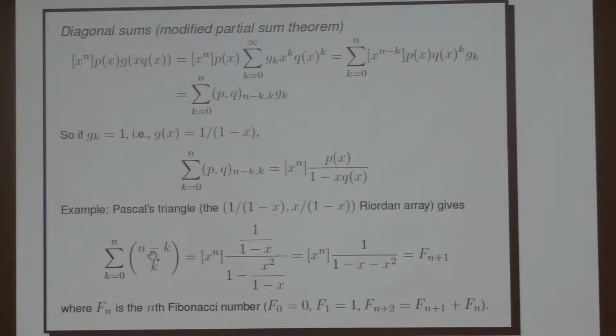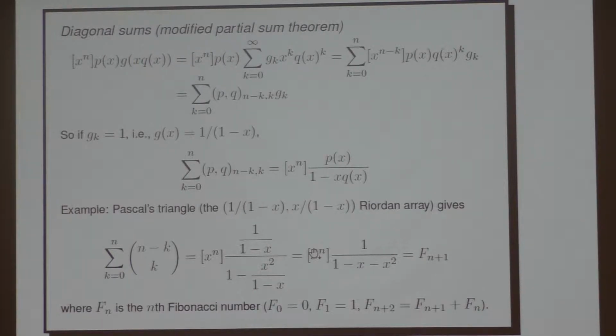Again, we're going to choose, where's our theorem? We're going to choose our Riordan array as Pascal's triangle. Now instead of n choose k, we're looking at n minus k choose k, and g_k again is 1. So we apply this, it's the quotient of x to the n.